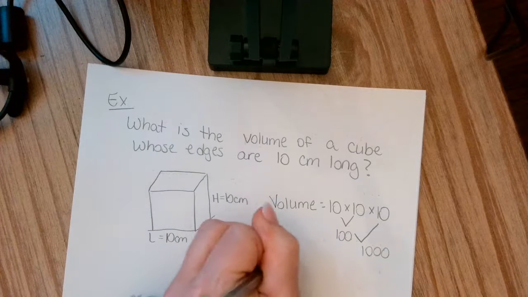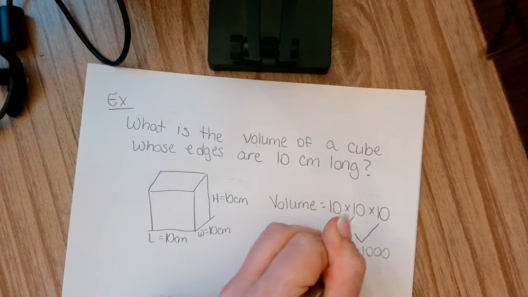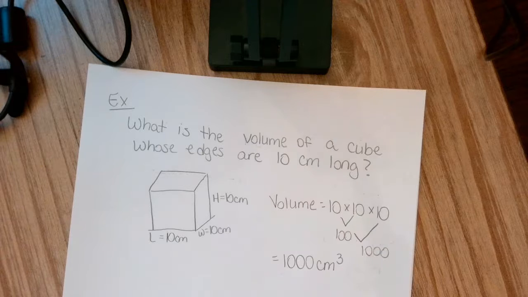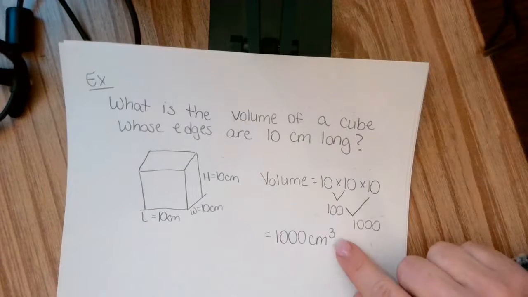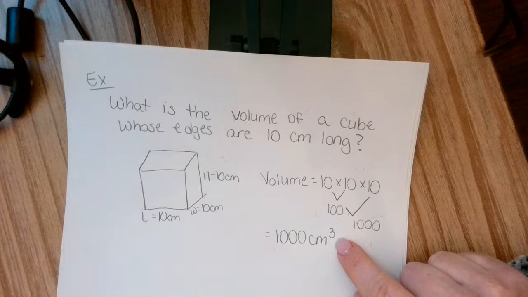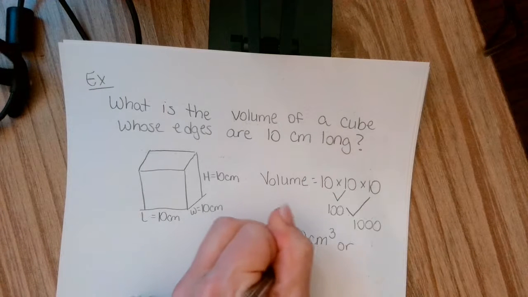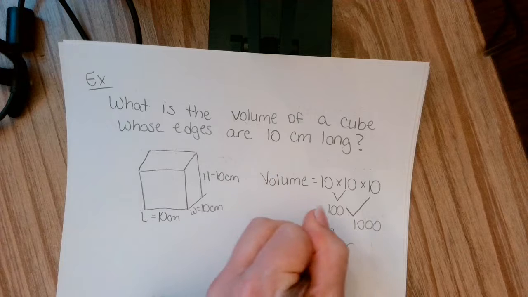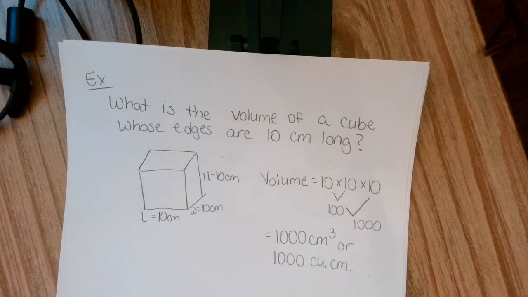So then my answer is 1,000 centimeters cubed. I can't forget that little 3 on the end. That is really, really important. Okay, and if I don't like writing my answer like that, then I can certainly write it in this form as well. And either way would be perfectly fine.